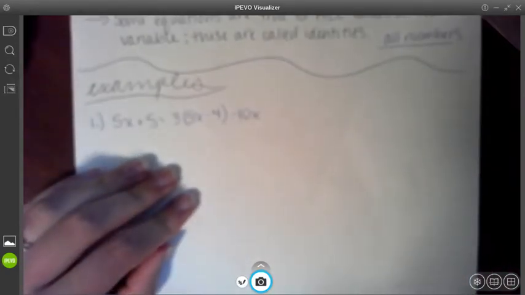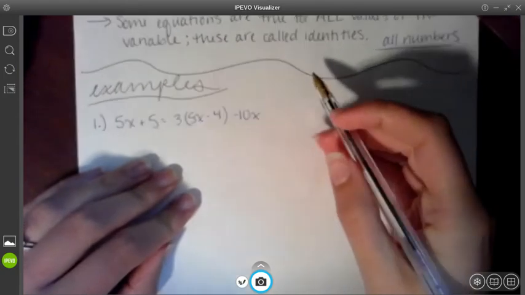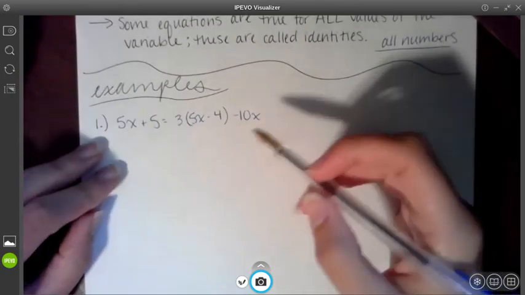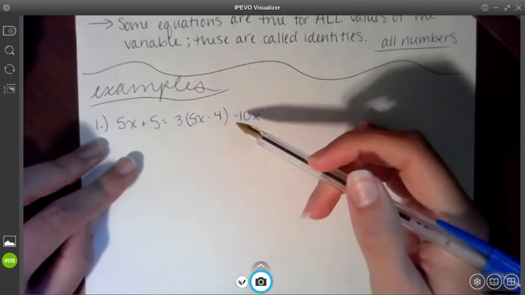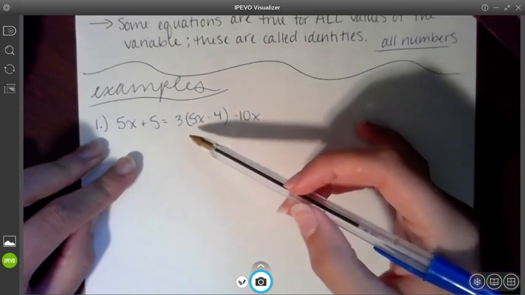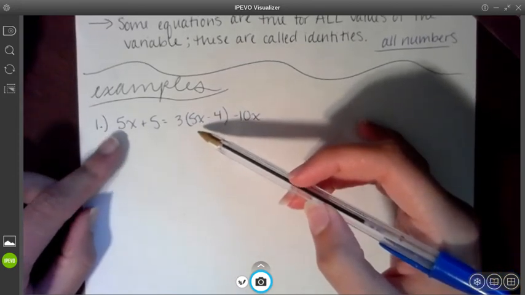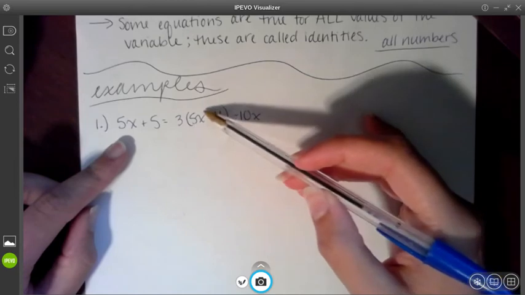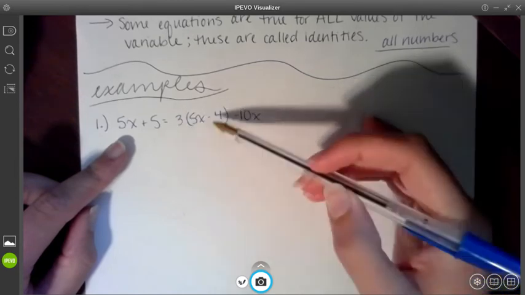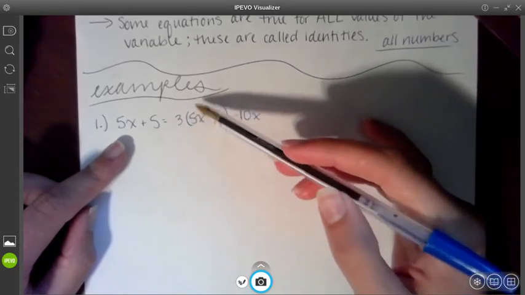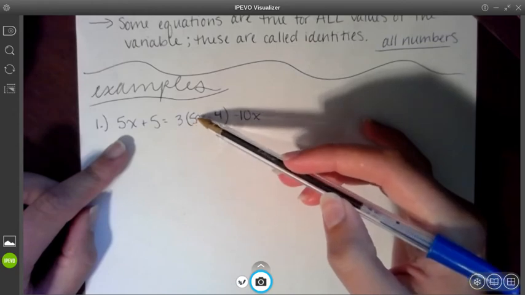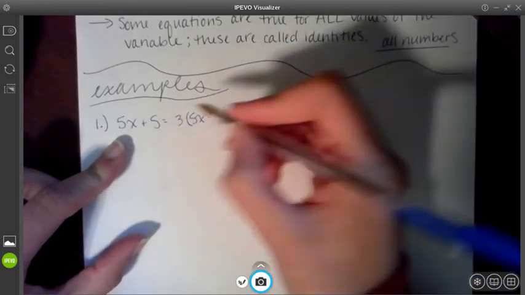Darn it. Okay, there we go. Okay, well, what do I think we should do first? Well, we want the variable on the same side, but on this side it's inside of parentheses, so we need to get rid of the parentheses so we can move it around. So I'm thinking we should distribute here.